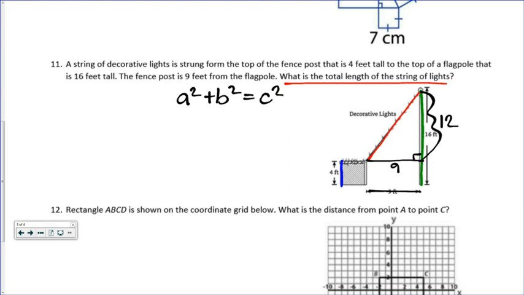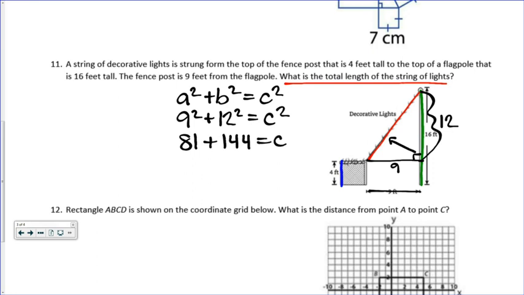And I'm using this formula because I'm looking for my hypotenuse. That's the one that I do not know. So we have 9 squared plus 12 squared equals c squared. 9 squared is 81. 12 squared is 144 equals c squared. 81 plus 144 is 225 equals c squared, square root both sides, and c is 15.